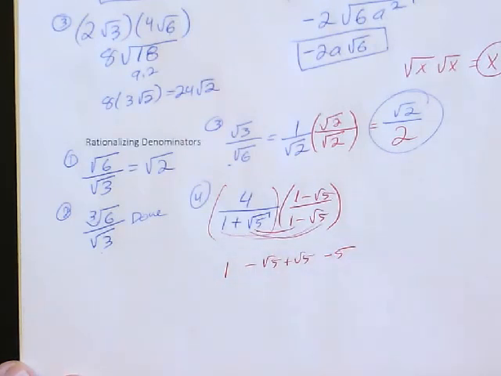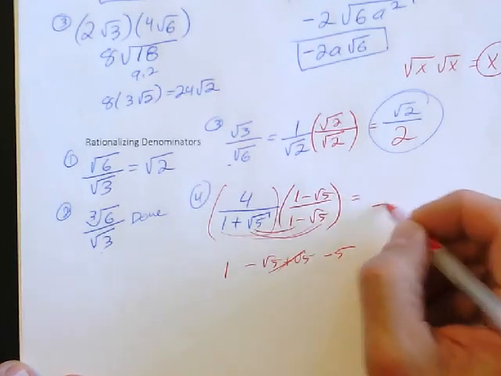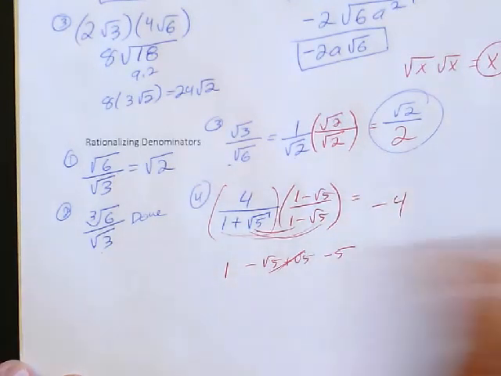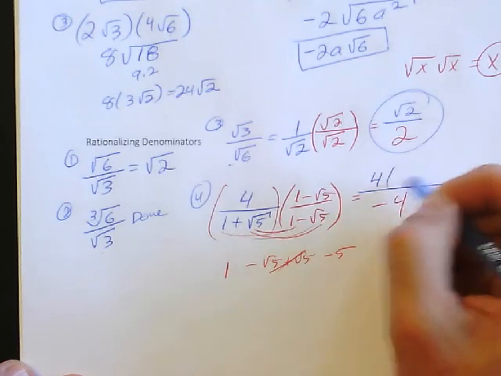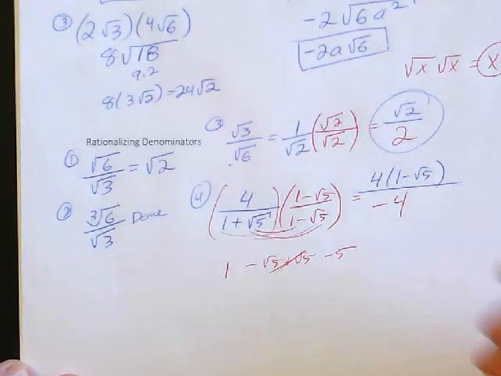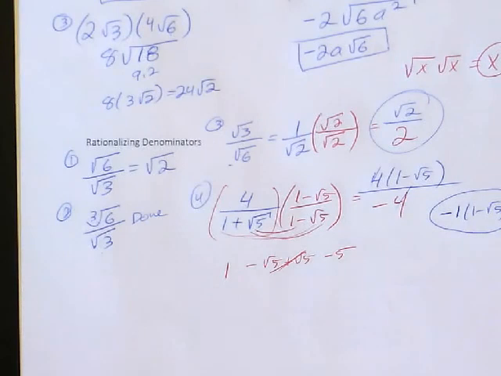So that when we multiply these, 1 minus the square root of 5 plus the square root of 5 minus 5. These middle terms cancel out. 1 minus 5 is a negative 4 over 4 times 1 minus the square root of 5. Those guys cancel out, giving us just a negative 1, and there's our solution.